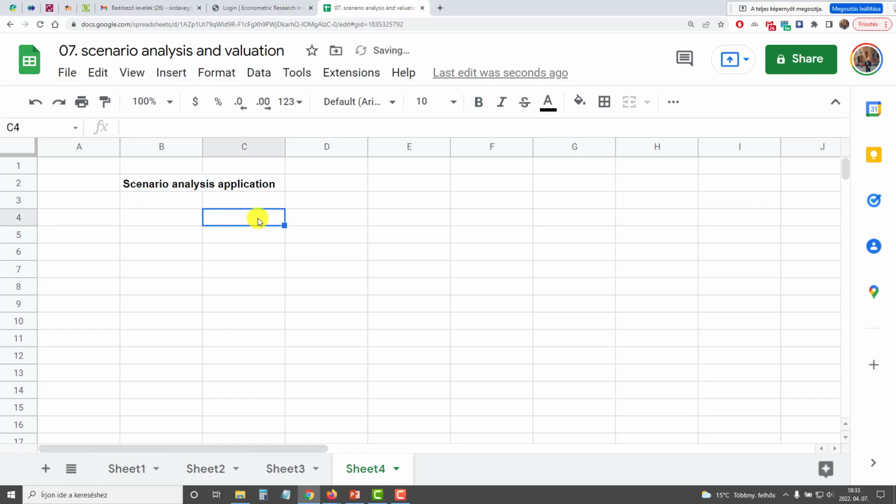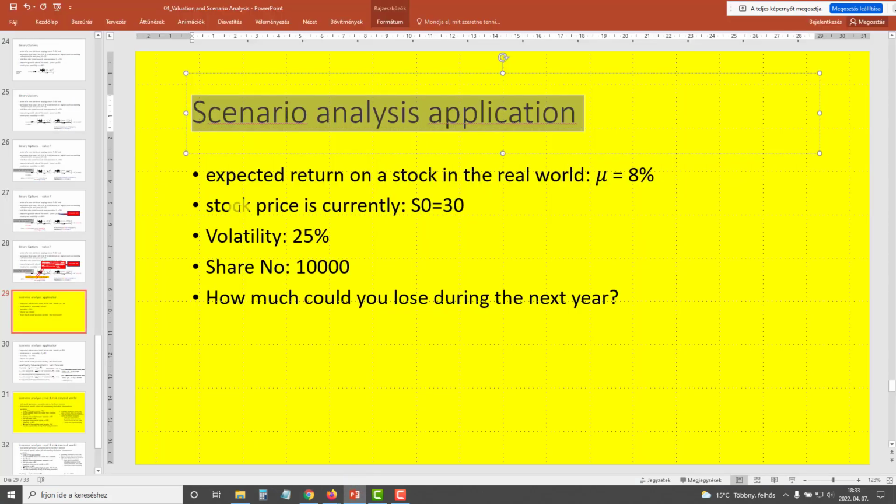B. So we have an expected return on stock in the real world, then we have a stock price nowadays, so spot rate, we have volatility and share number, and how much could you lose during the next year. So yes, we have to evaluate all of these things.